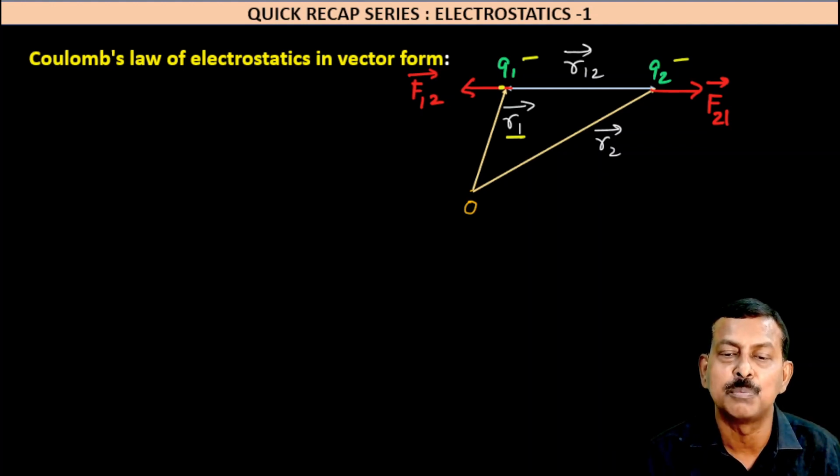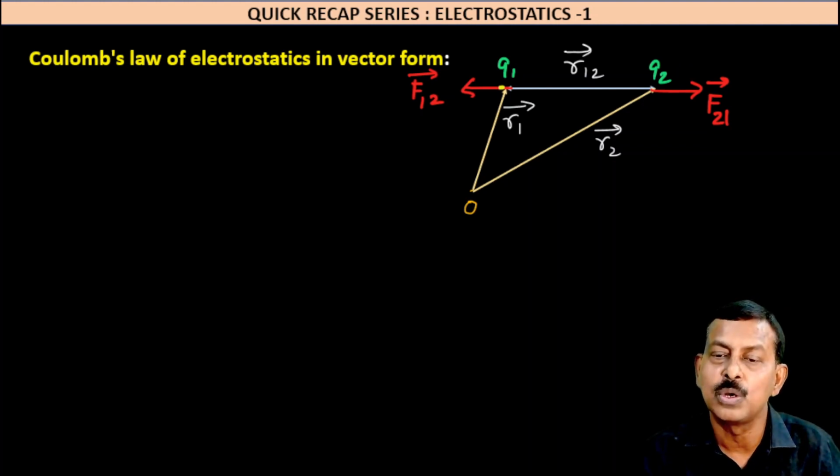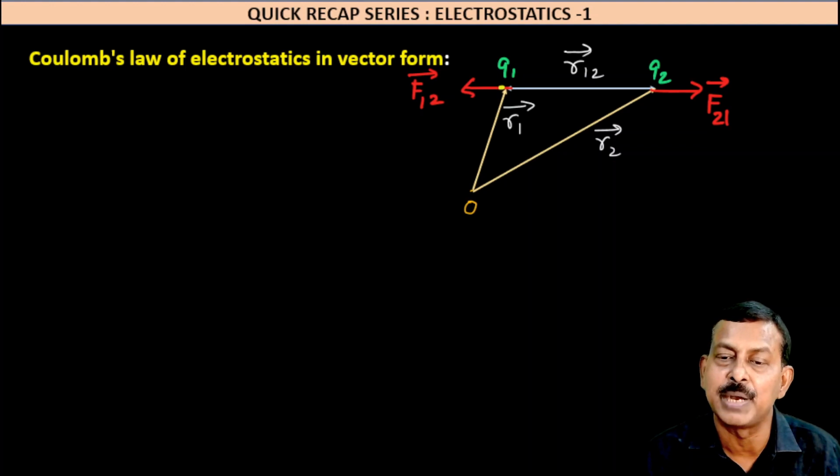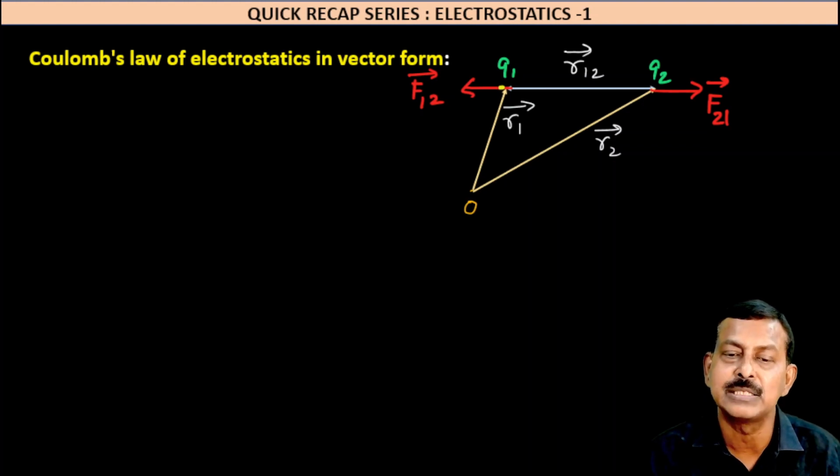So they have the position vectors R1 and R2 respectively there. Now here we have shown the force experienced by Q2 as F21 and the force experienced by Q1 as F12.